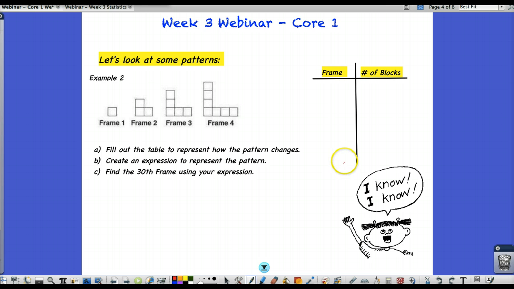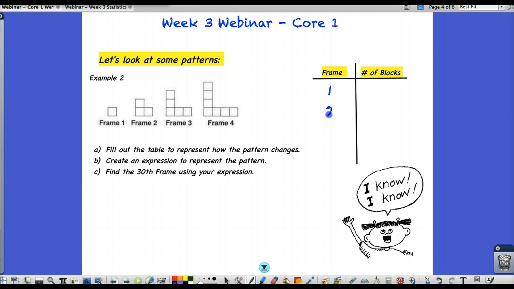I'll go ahead and build the table and see if you can come up with an expression to represent the pattern. So come up with a rule, just like we did, and then once you have the rule, see if you can find what the 30th frame would be, how many blocks would be in that 30th frame. Okay, so you guys try this one on your own. And like I said, I'll build the table for you.